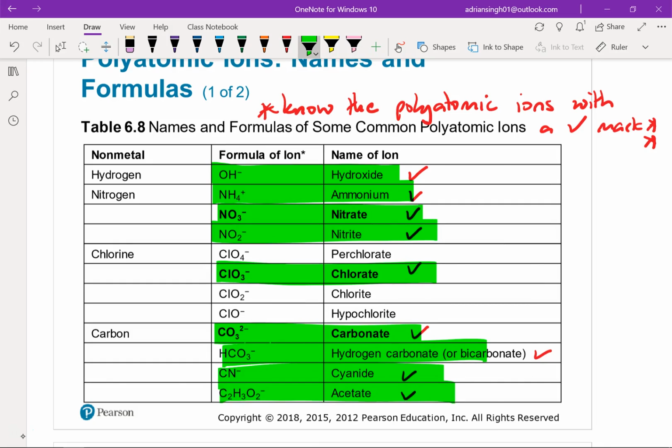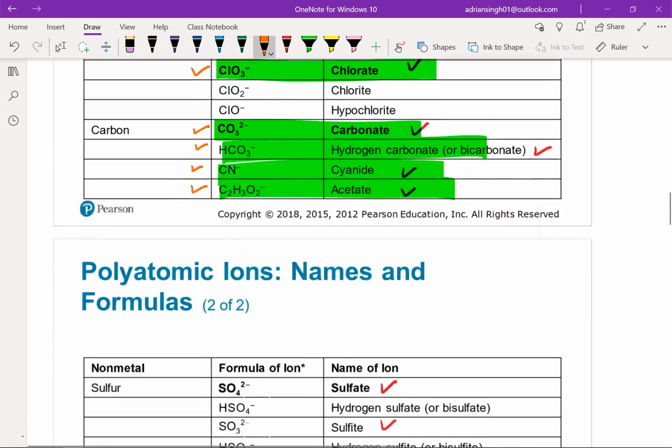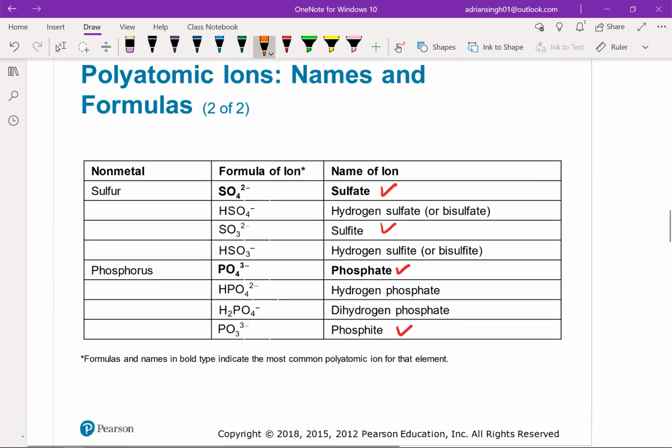Alright, so starting on this list here, we have hydroxide, which has an OH minus, ammonium, which is NH4 with a positive charge. We have nitrate, which is NO3 with a negative charge, nitrite, NO2 with a negative charge. And then you can work your way down to see the ones on this list that you need to know. In the next half of the table, we have several here that you need to know as well.